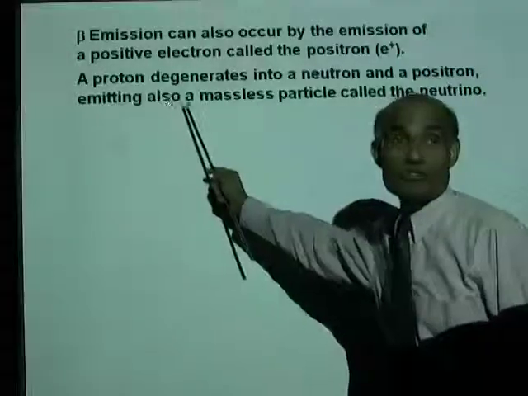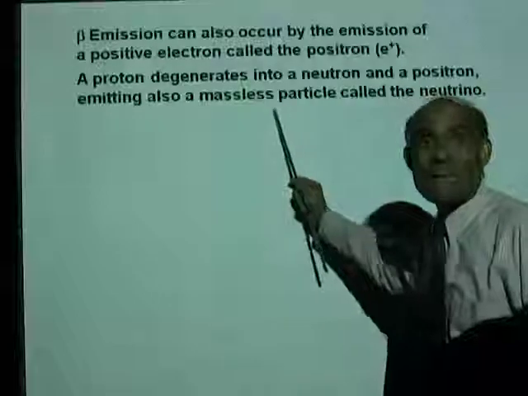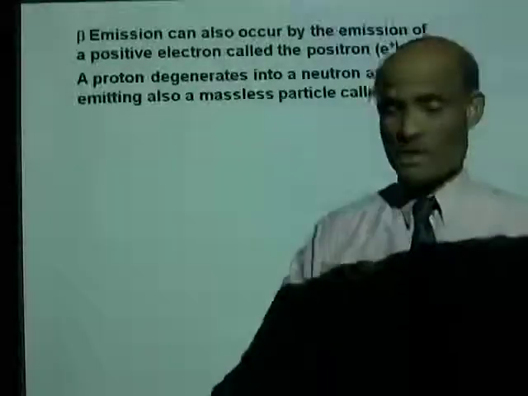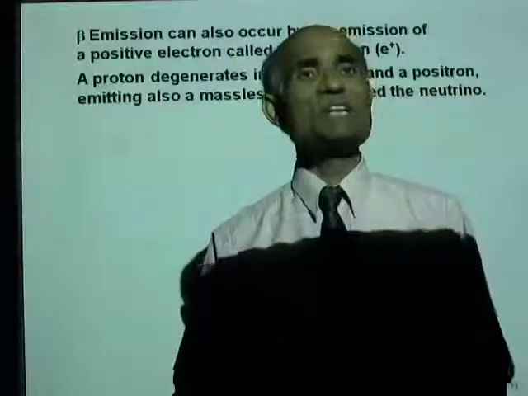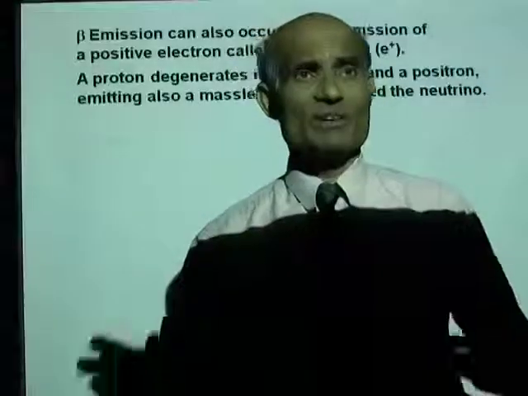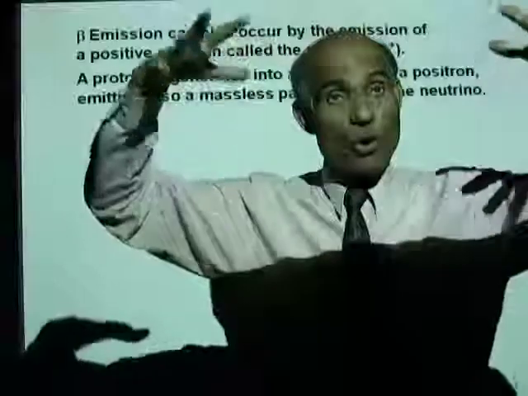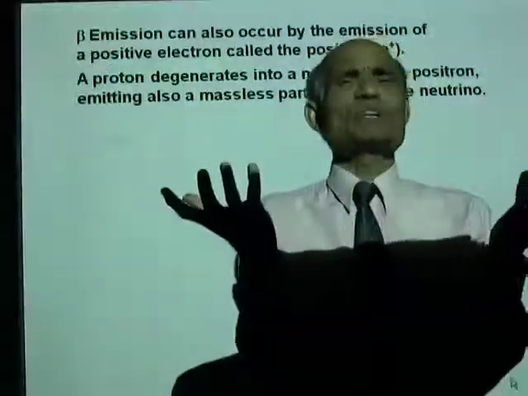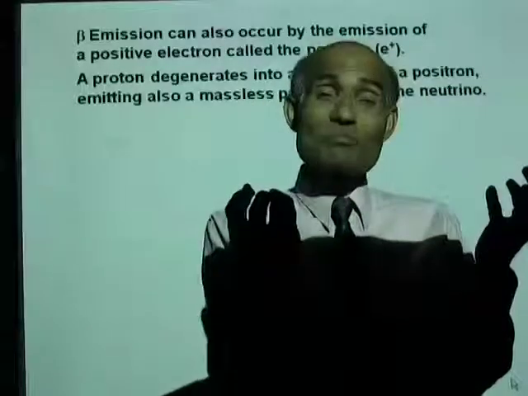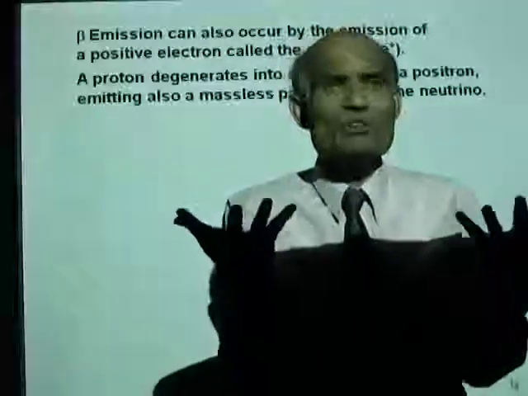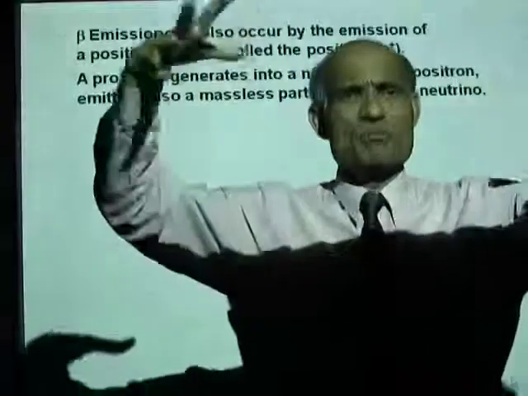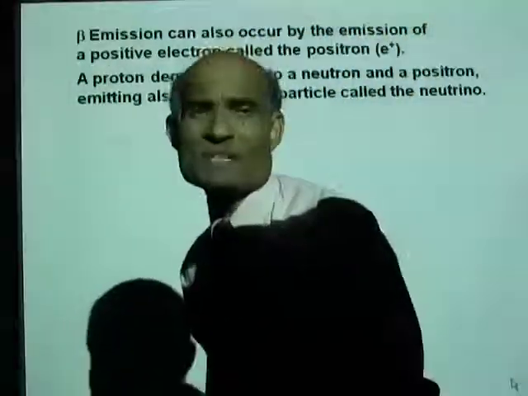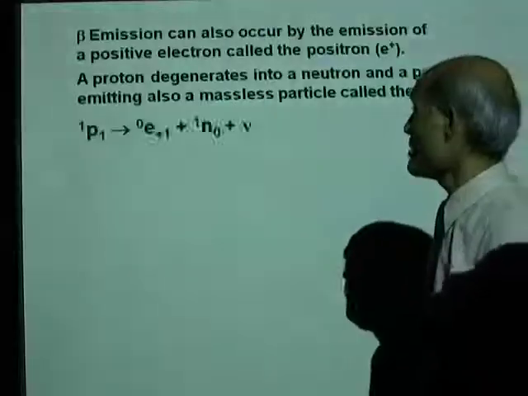In this process, it will also emit some massless particles called the neutrino. Well, I'm sure some of you have some idea about these neutrinos. Now, in actual fact, the whole universe is assumed to be full of these massless particles called neutrinos. The universe is actually swarming with neutrinos. But we don't have time to go into that direction at the moment.